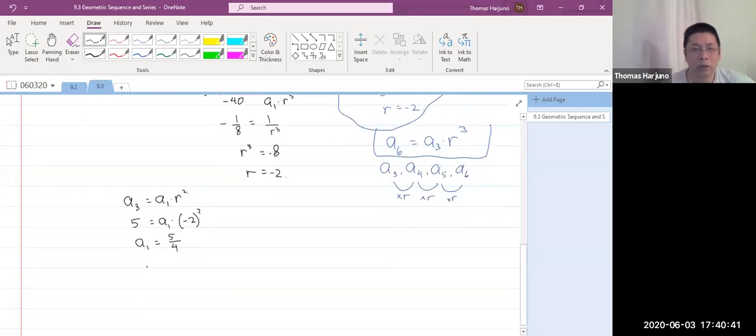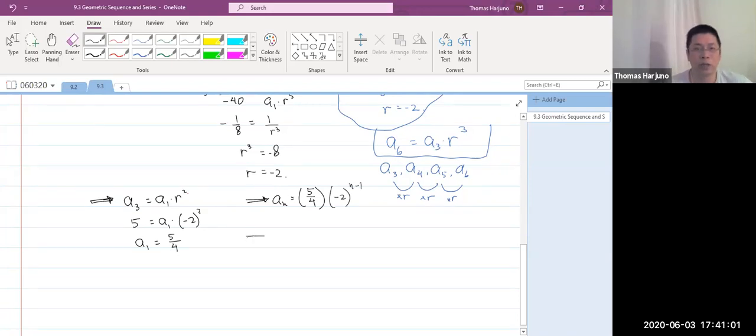So our general term, a sub n, will be the first term 5 over 4 times negative 2 to the n minus 1.